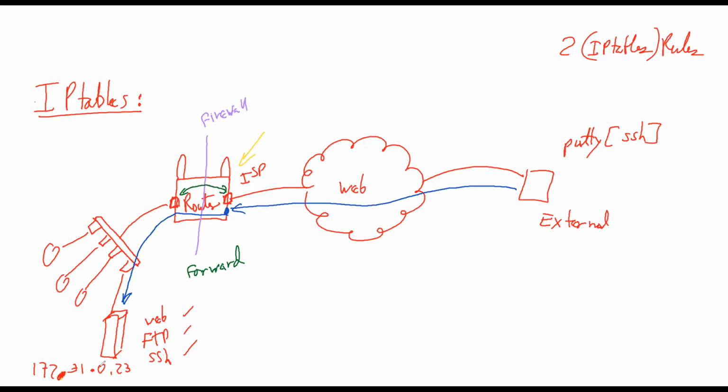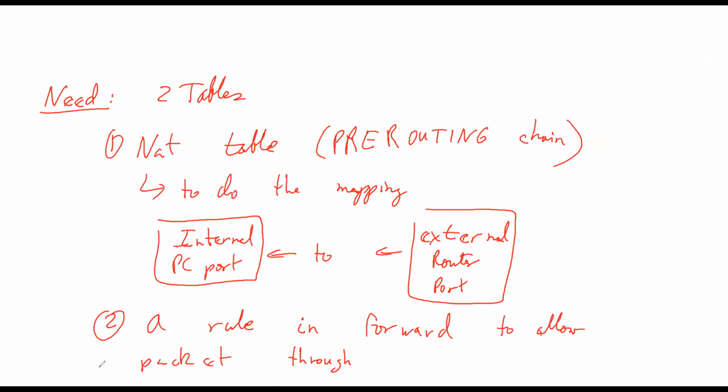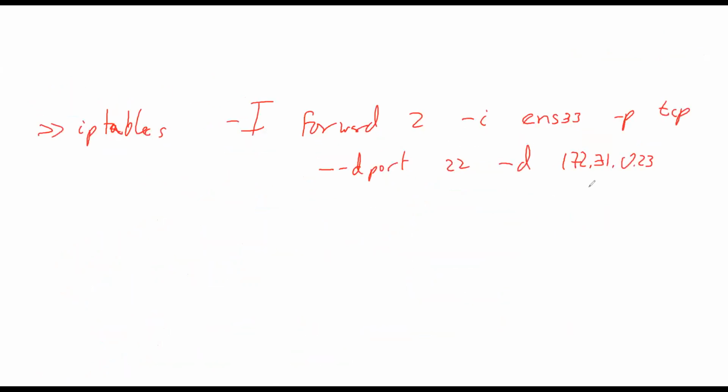So that's the easier of the two rules. Then finally -j, and instead of drop, you're going to say accept, because in this scenario we want to allow this packet through. Does this make sense, guys? Yes. All right, so that's basically the approach.